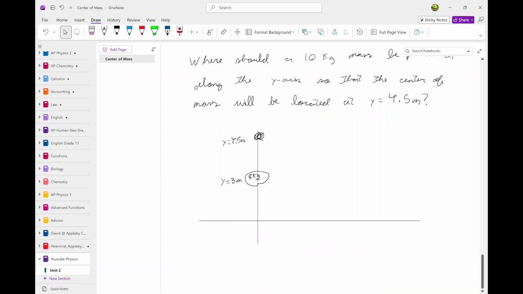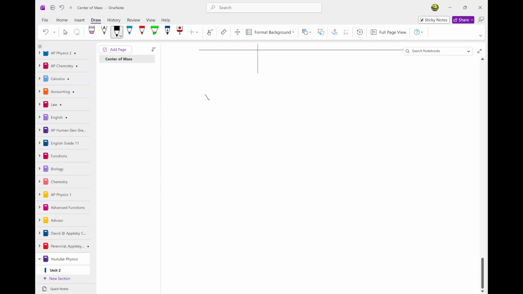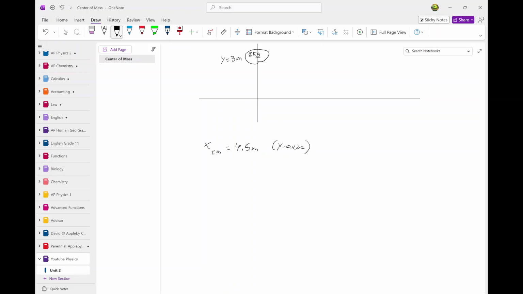So what we want to aim for is that y cm equals 4.5 meters. Now we can just substitute. What does the equation equal?